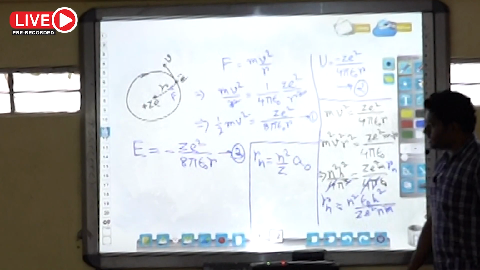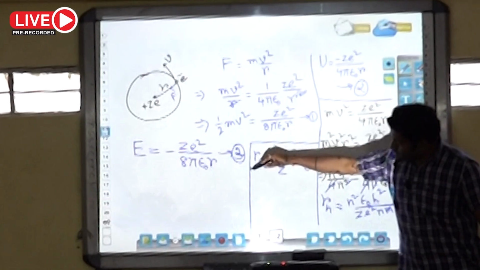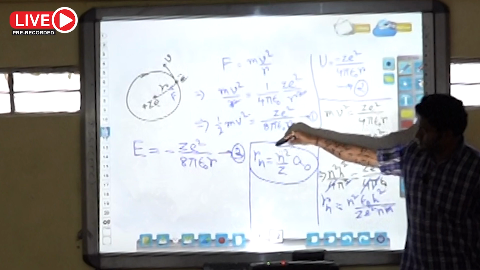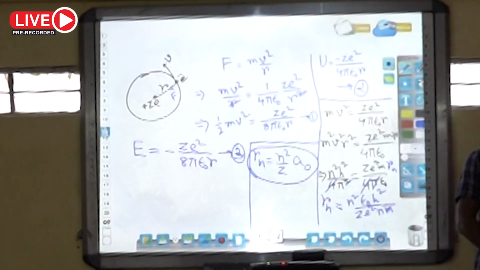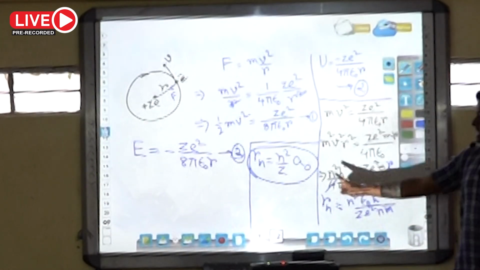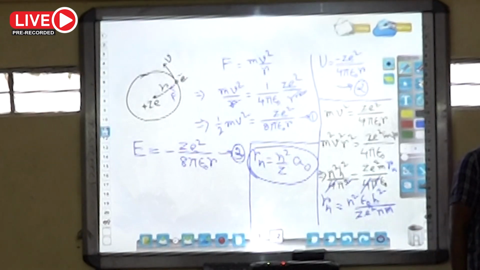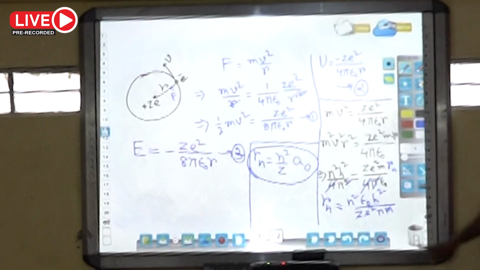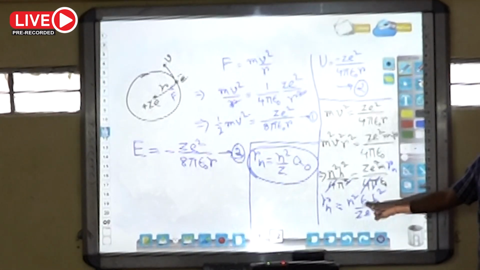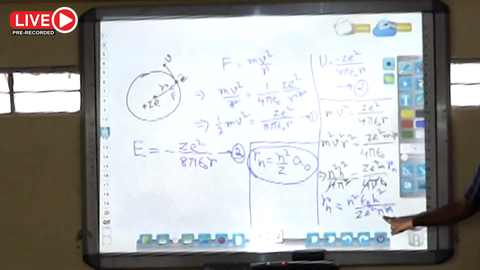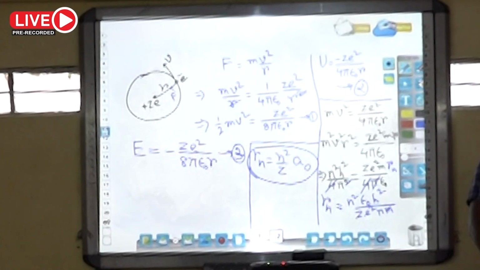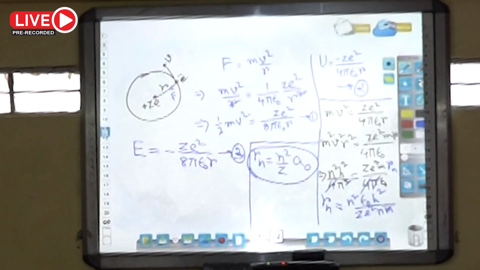So you have to remember only this one and the value of a₀. Because otherwise in the exam, if you try to put the values of ε₀, h², e², π, m, all these things, then you cannot complete the calculation within the time.